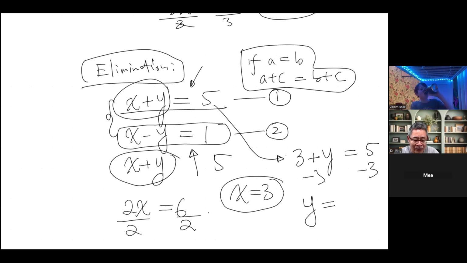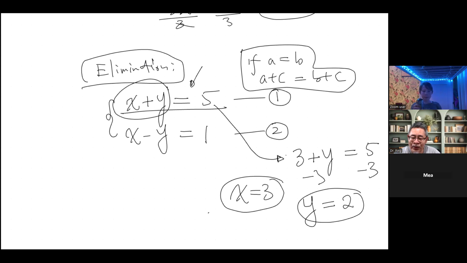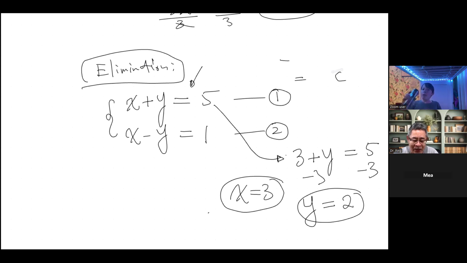So we found those two. And there is one last step that is always important, which is to verify it. That's how we can check if we got it right. So we plug in: our x is 3, y is 2.